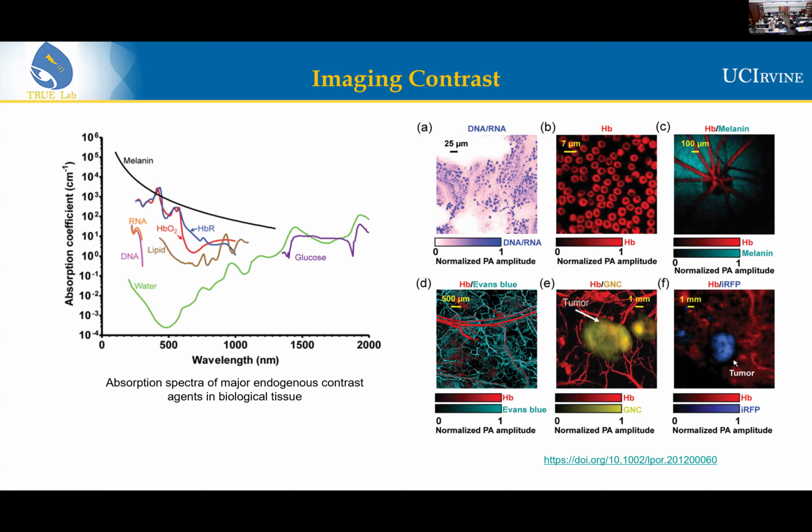microscopy, which is different from the traditional pathology slice. You have to cut that very thin, and this is also needle free. So I think one of the promising clinical applications for photoacoustic microscopy is pathology slices.